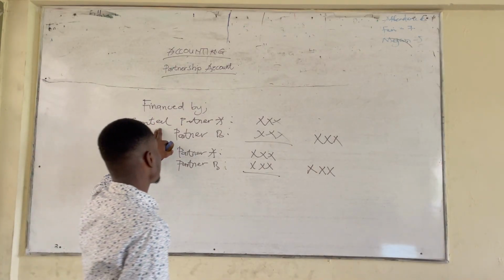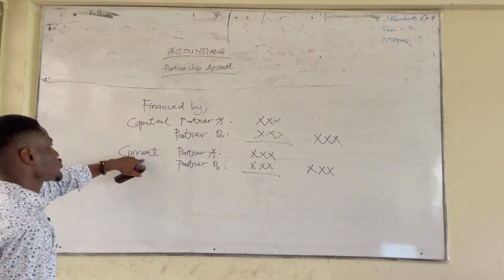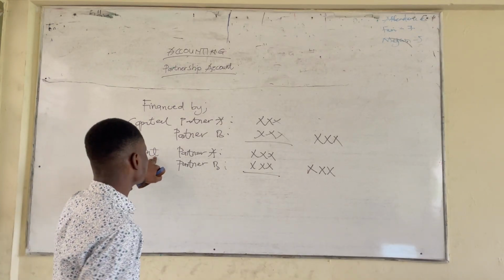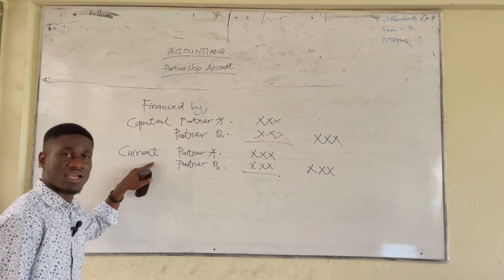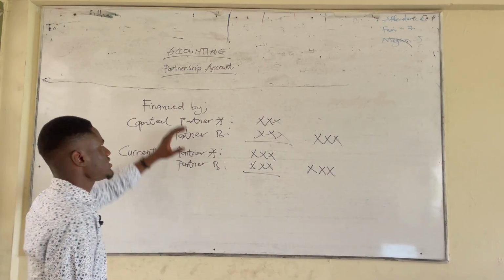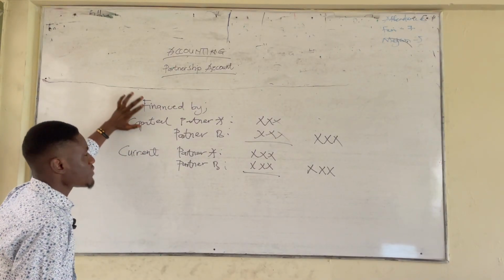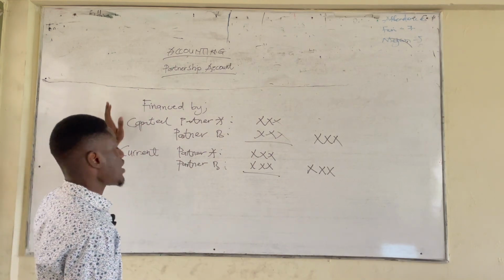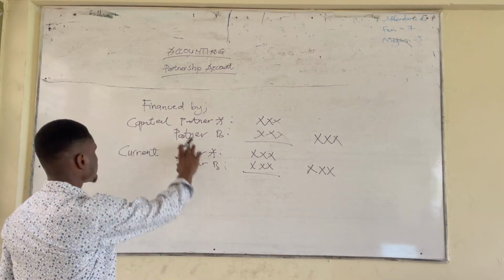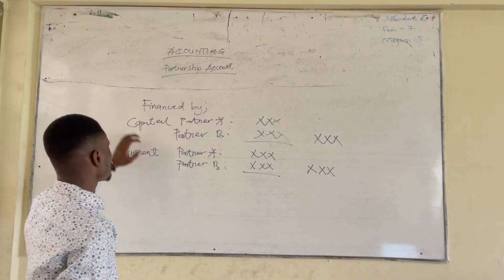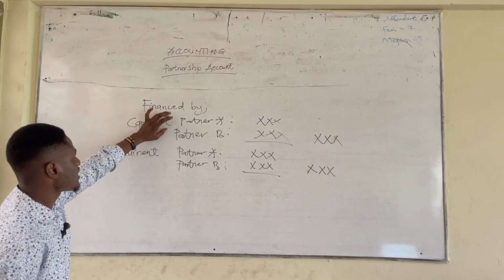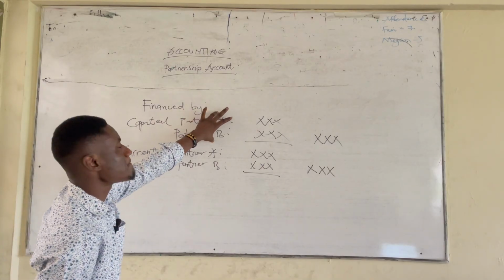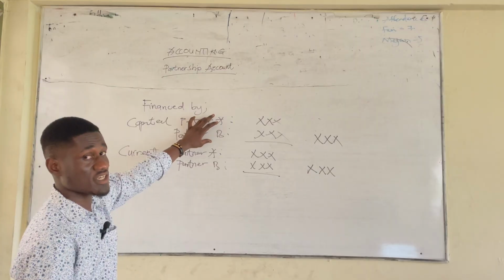So this is the capital account. For sole proprietorship, we wouldn't have seen anything like current account. But you see, when we get to the finance by for partnership account, when we are recording the statement of financial position, the capital account involves capital contribution of more than one person. Do you get it?